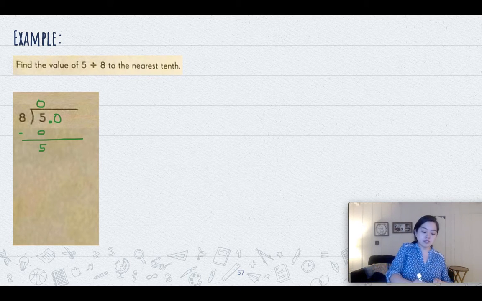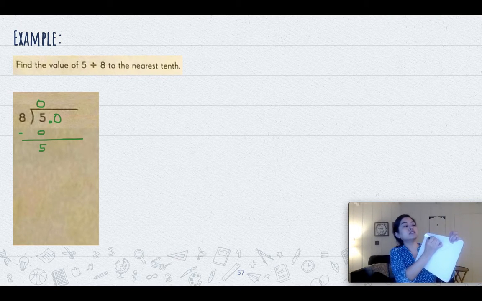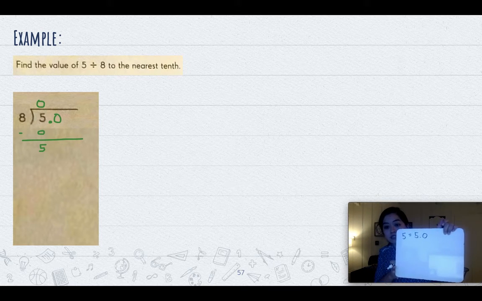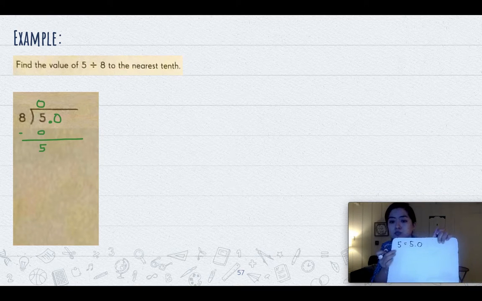Okay? Because our whole number 5 is the same value as the decimal 5.0, except our first number here is a whole number, and this is a decimal.